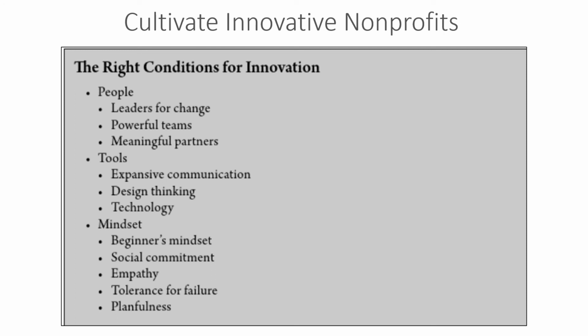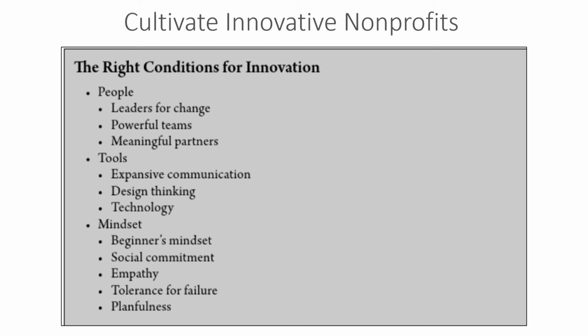So those are all of the important ways to create those right conditions for change around your people power, okay? Developing leaders for change, developing powerful teams, and developing meaningful partnerships. That's the part about organizing your people power.